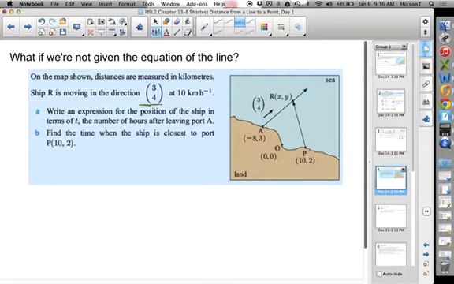So what do we need to do to this direction vector to get it to be a velocity vector? What do we have to do to that? Multiply times 2. Yeah, multiply it by 2.